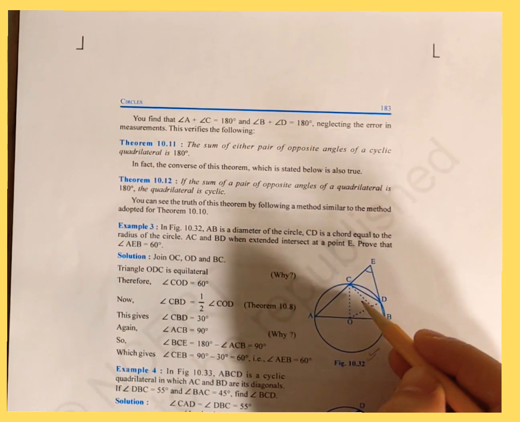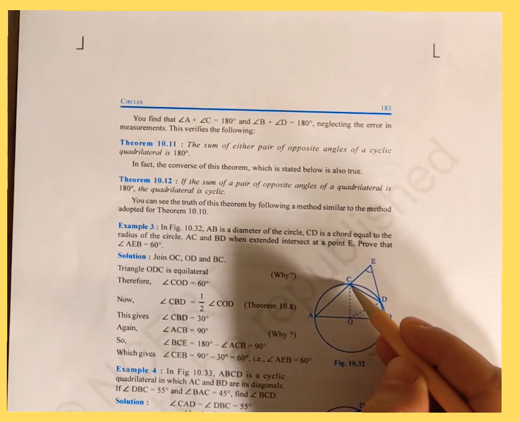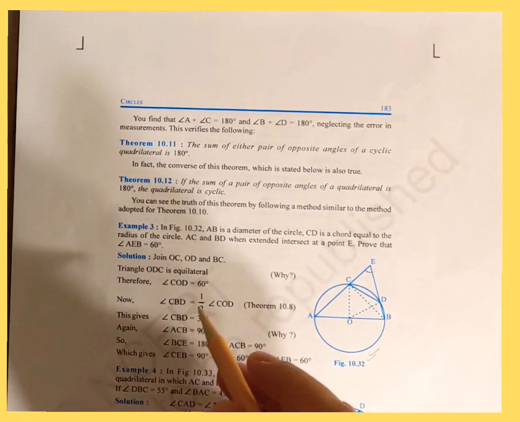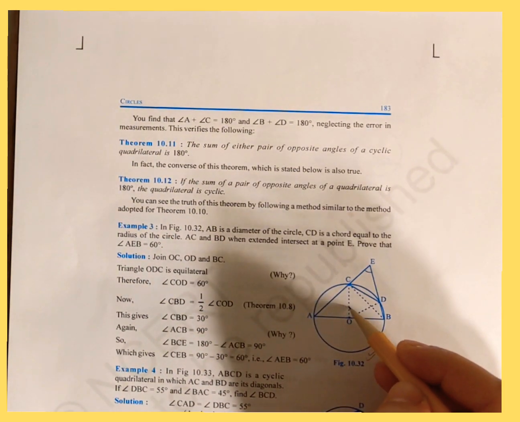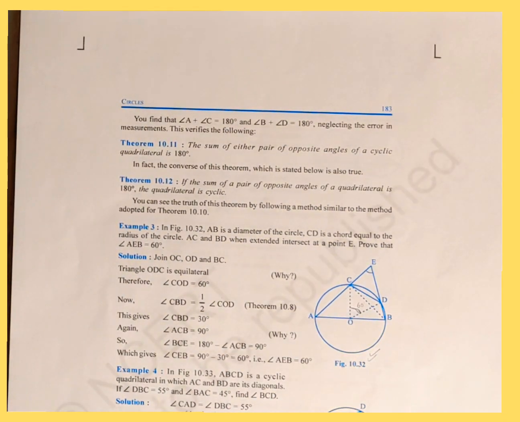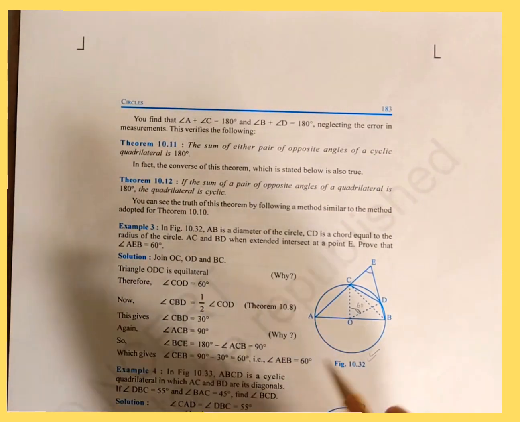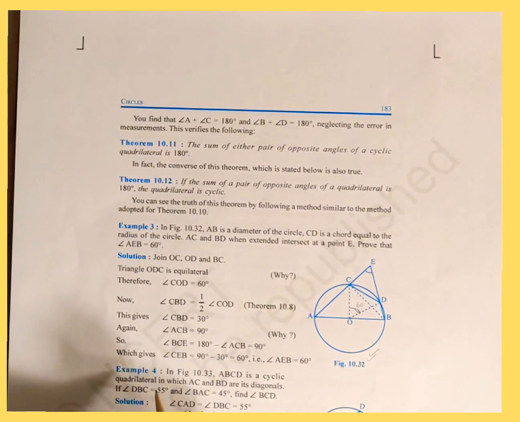Then triangle OCD is an equilateral triangle. So angle COD is equal to 60 degrees, because this triangle is equilateral.